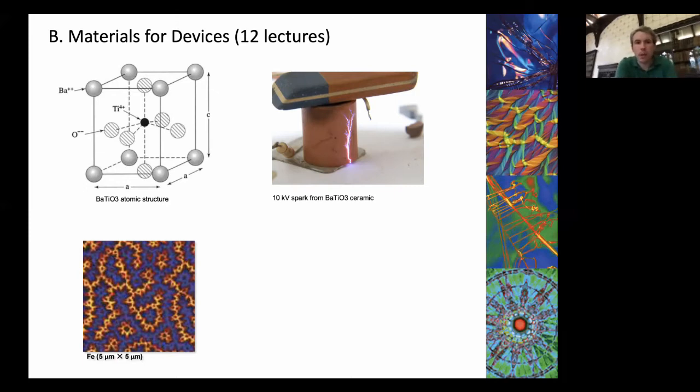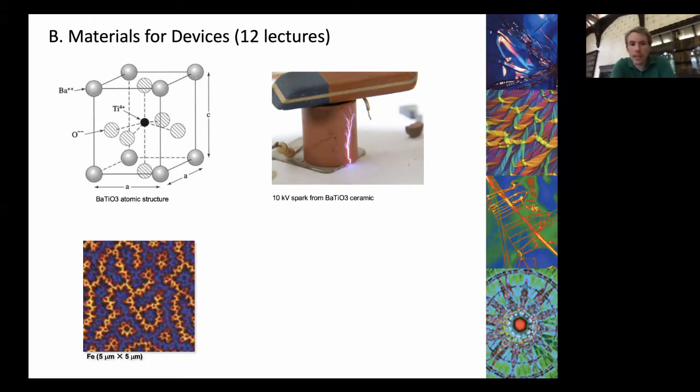The example I'm showing on the slide is barium titanate, which has a perovskite type unit cell in which under pressure the titanium 4+ ion moves in a unique direction, which induces an electric field. As you can see on the picture on the right, that creates a spark. That is the basis for an entirely new type of memory called ferroelectric memory, which is the basis of many modern types of computing processor systems.